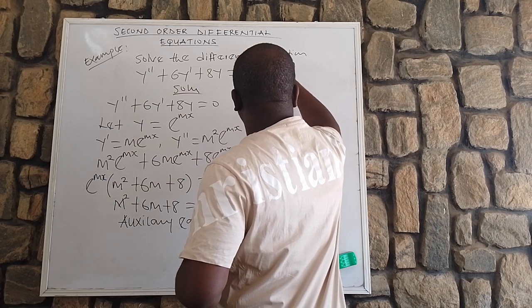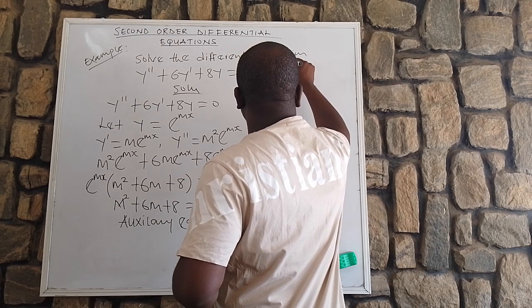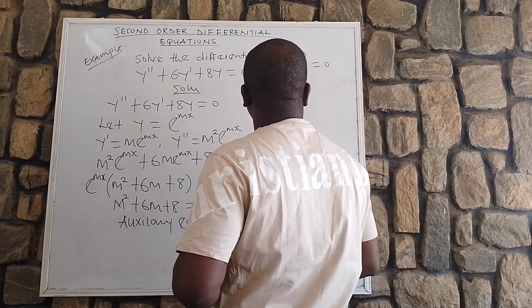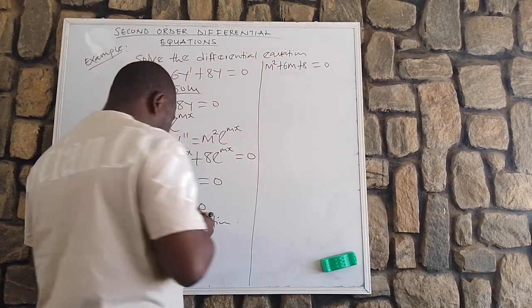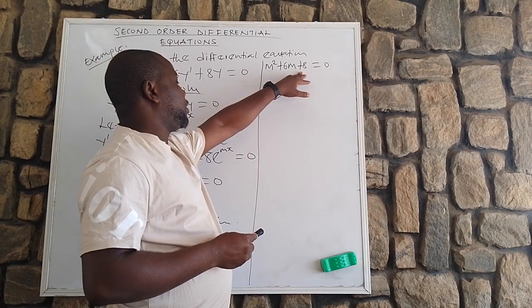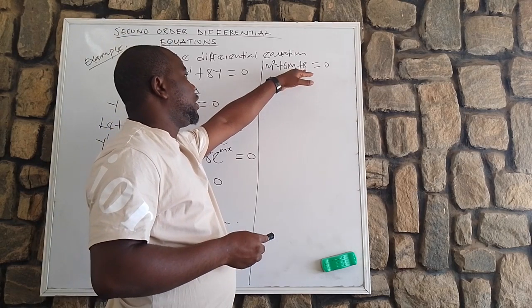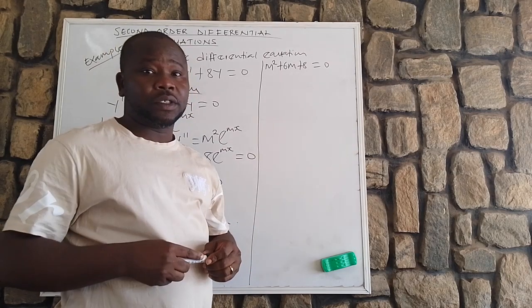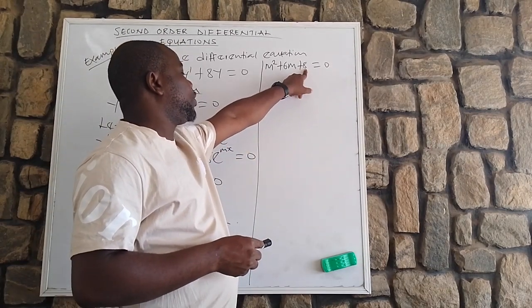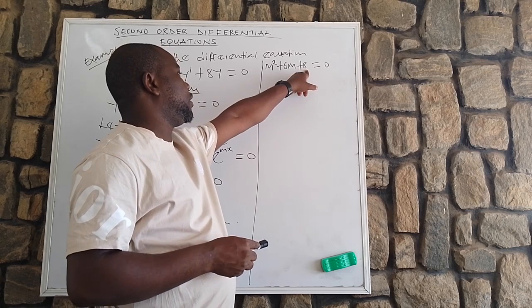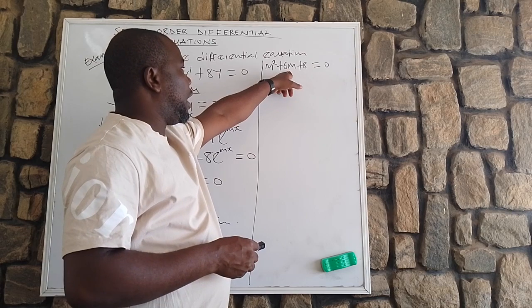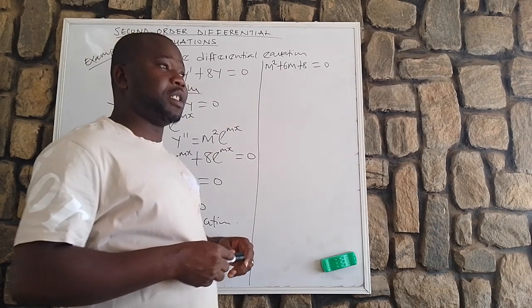For m squared plus 6m plus 8 equals 0, the factors are 4 and 2, because 2 times 4 gives 8, and 2 plus 4 gives 6.